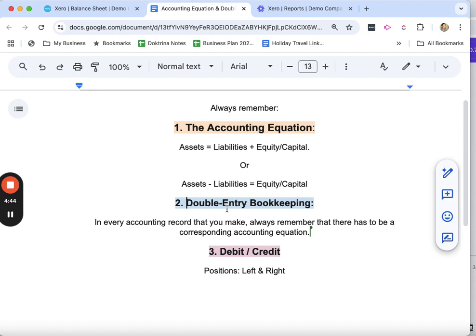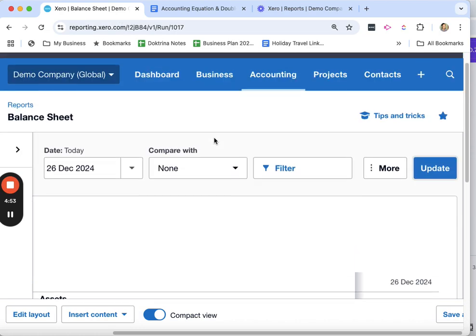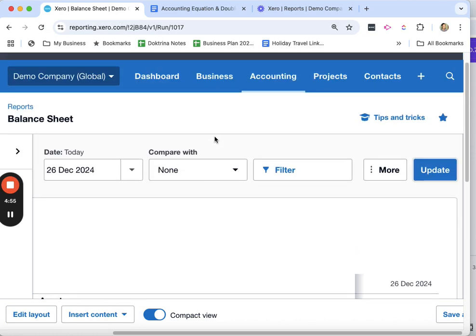Now, the double entry bookkeeping, which is directly related to number three, the debit and the credit. So every time you create an entry, there is always a debit and a credit.